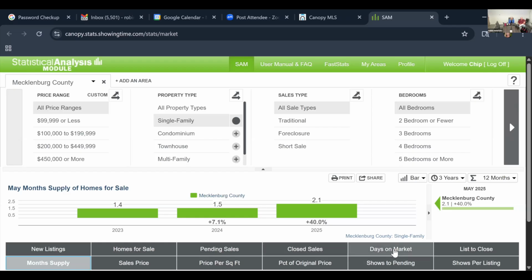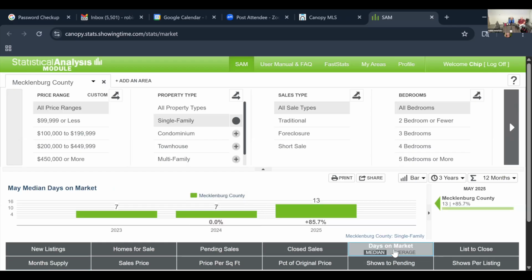Go to days on market on that. Let's go to days on market, sure. You can look at median, we can look at average, let's look at average. Perfect. So average days on market, single family, Mecklenburg County, average days on market 33, compared to 26, compared to 25. Sure, it's up 27%, 7 more days than last year on average.